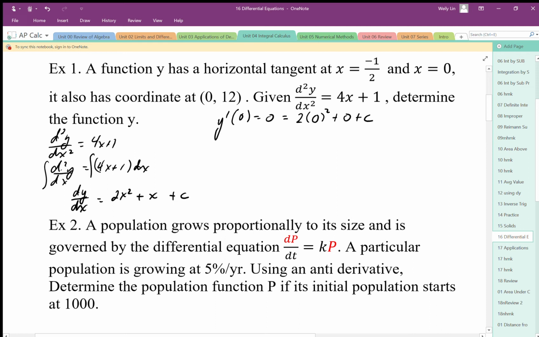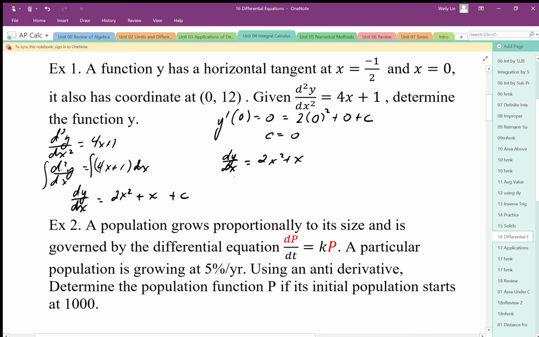C is equal to 0. So my y prime, which is the same as dy by dx, is equal to 2x squared plus x plus 0.